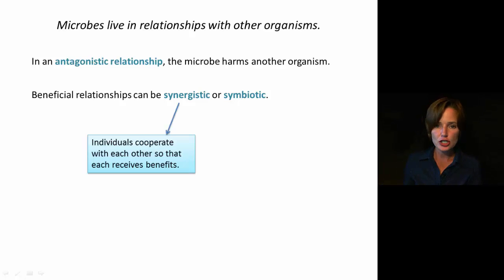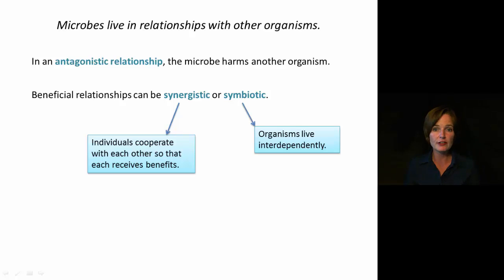In the synergistic relationships, the individuals are cooperating with each other so that ultimately both of the participants do benefit from that relationship. In the symbiotic relationship, the organisms do live with each other. They live interdependently with each other, but we're not seeing this mutual benefit from that relationship.